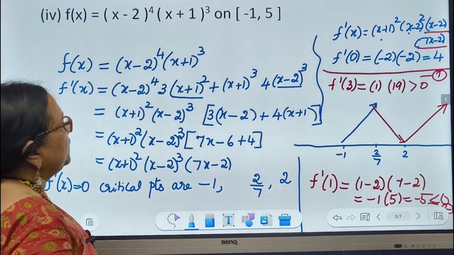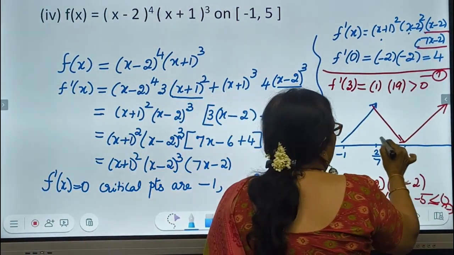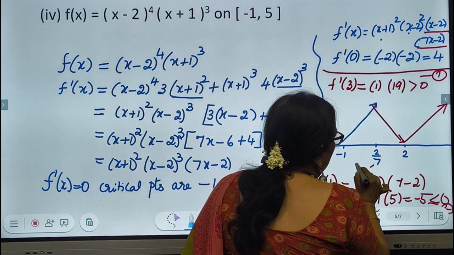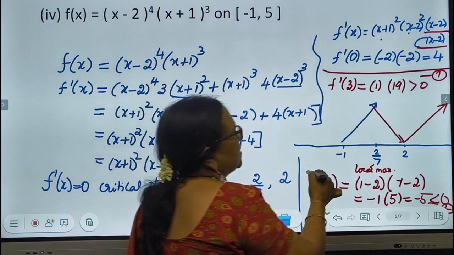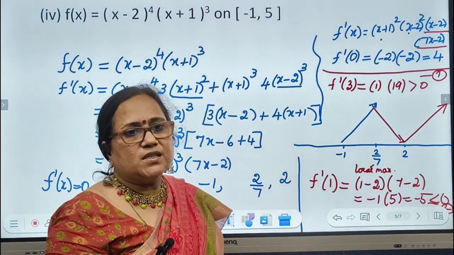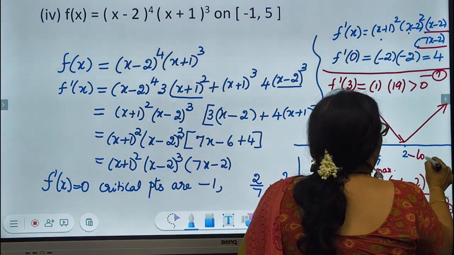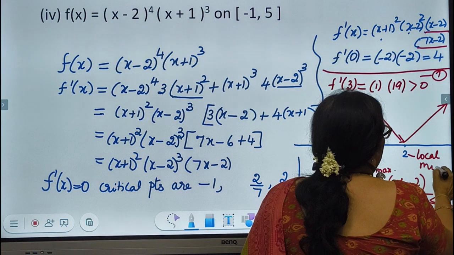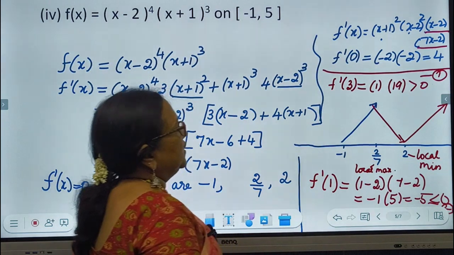So what do you observe? What about x equal to 2/7? You have a mountain at x equal to 2/7. So this is a point of local maximum, because to the left it is increasing, to the immediate right it is decreasing. At 2 you have a valley. This is a point of local minimum. To the left it is decreasing, to the right it is increasing.